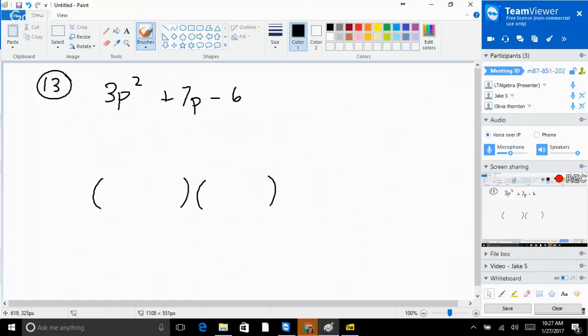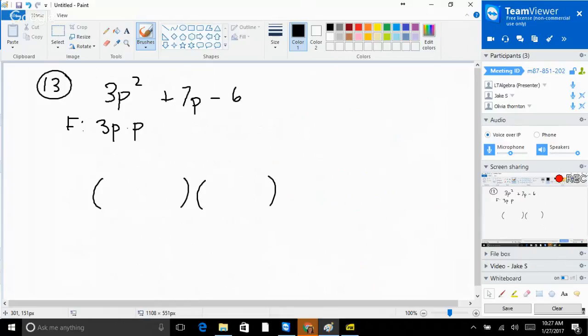So we need to figure out the first term, which is 3p squared. The way we can make 3p squared is 3p times p. Is there any other way to make 3p squared? No, that's pretty much it.